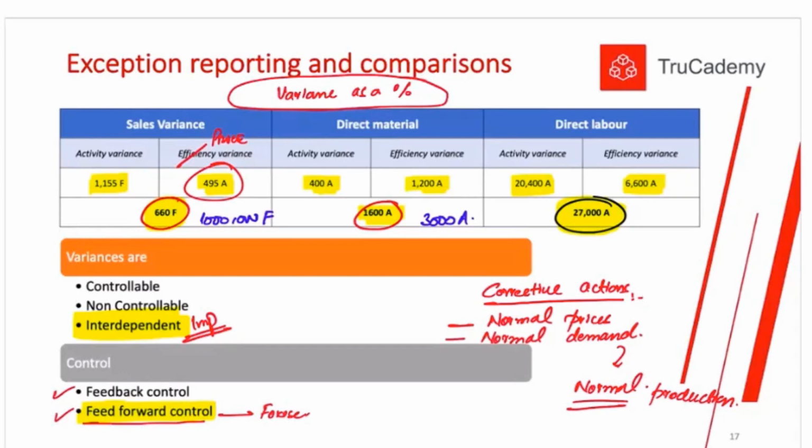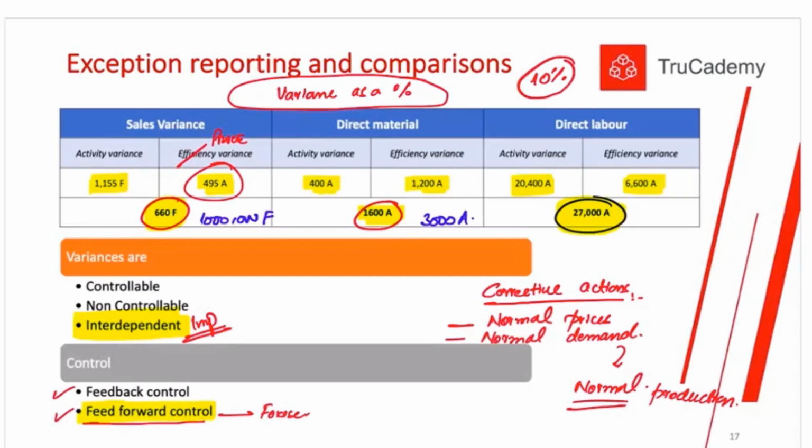What is the best thing to do? Under exception reporting, managers set up a target or threshold: any variance that is more than 10%, you only need to report those to me. The rest you also need to calculate, but you will not report directly unless the manager asks for them.